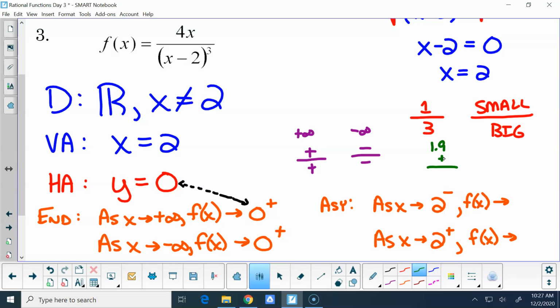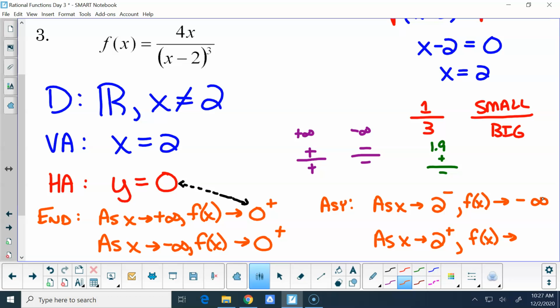On the bottom, 1.9 minus 2, that's negative, right? And negative cubed is a negative, correct? So positive divided by the negative is negative, so this is going to go to negative infinity.